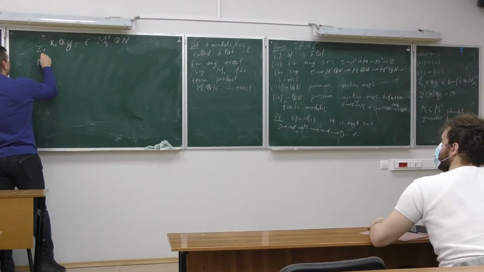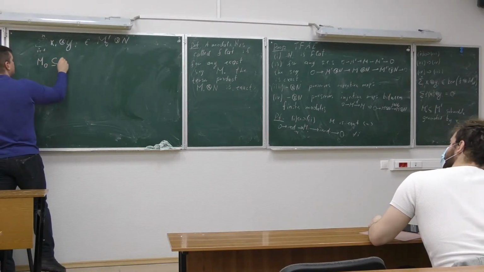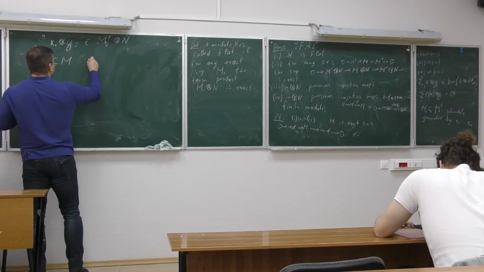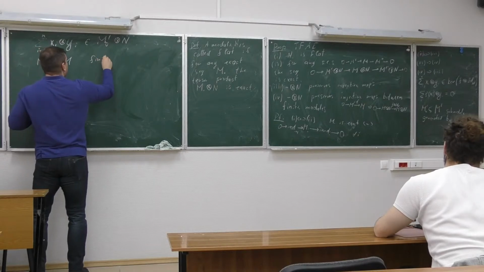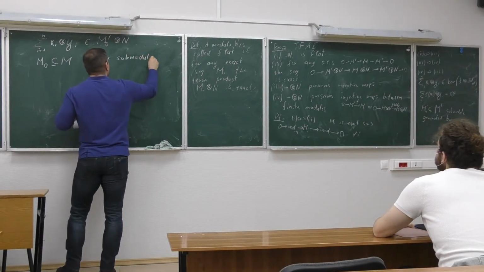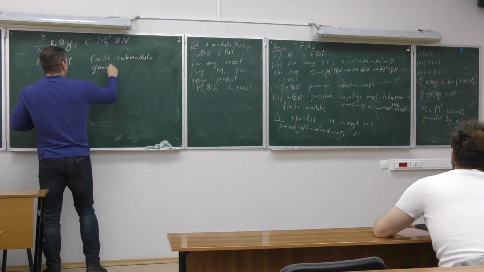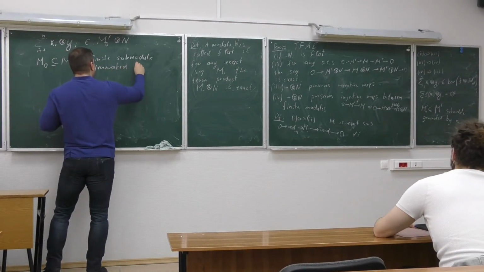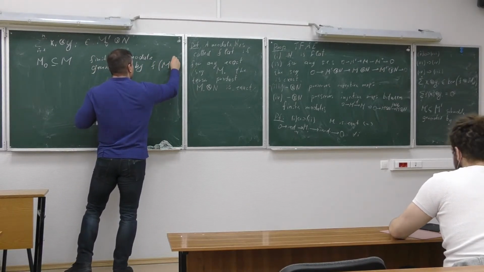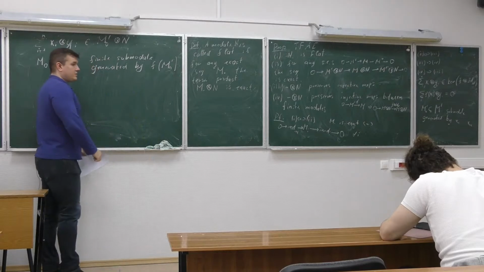And I also want to define the second finite module m0 inside m. So this is the finite submodule generated by the image of this finite submodule m0 prime.